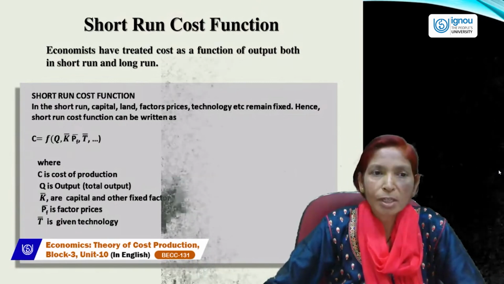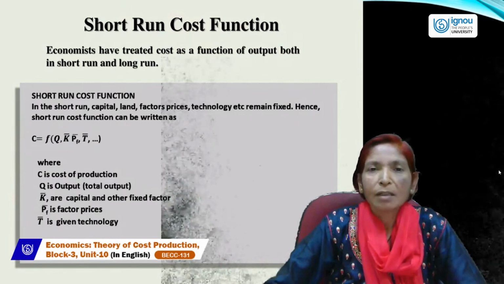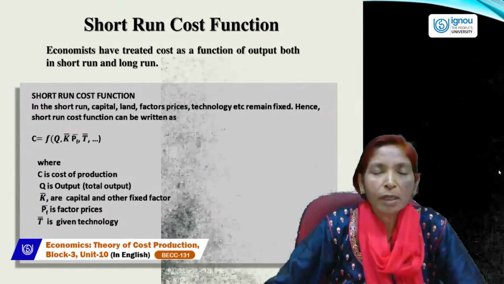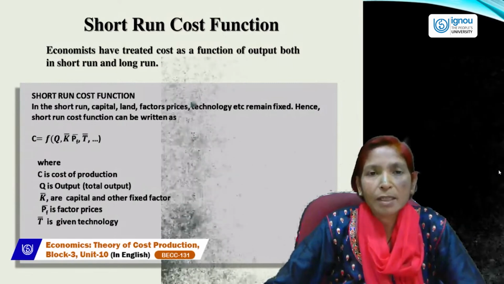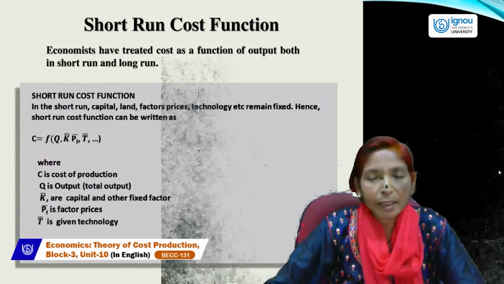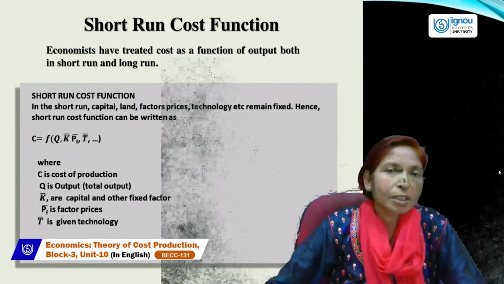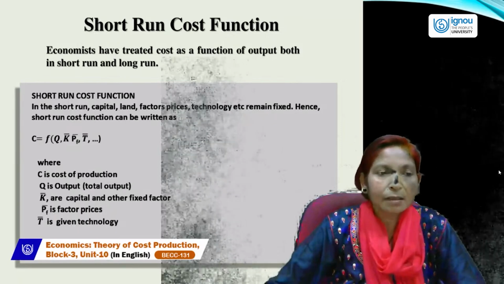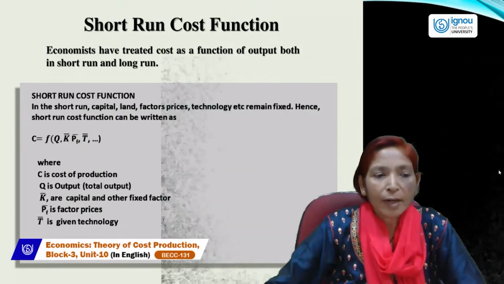Now, the short run cost function explains the relationship between input and output. In the short run cost function, capital, land, factor prices, technology, etc. remain constant, and hence the short run cost function can be written as cost is a function of various inputs like capital, land, technologies and other factors.